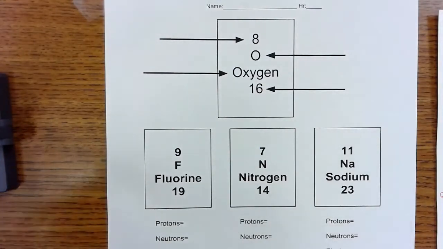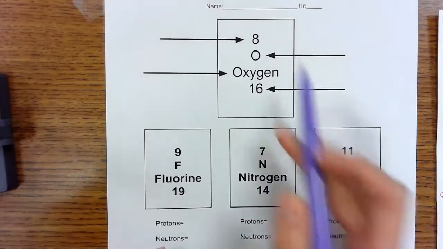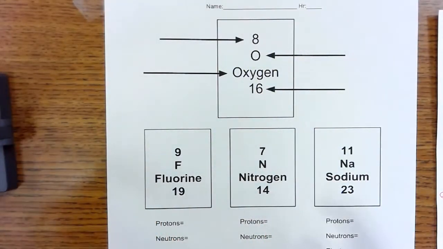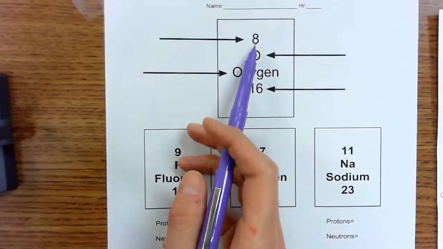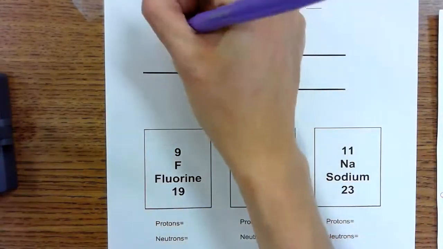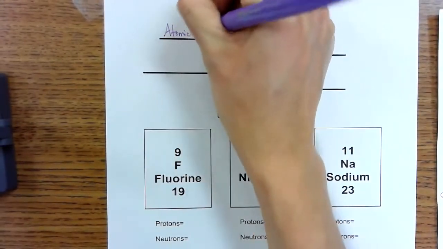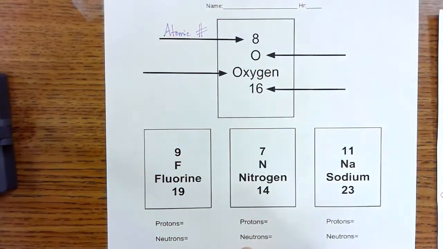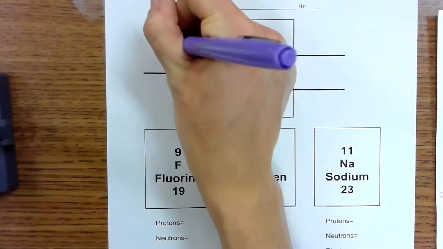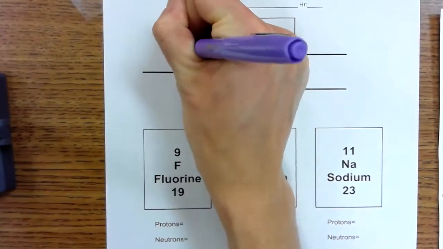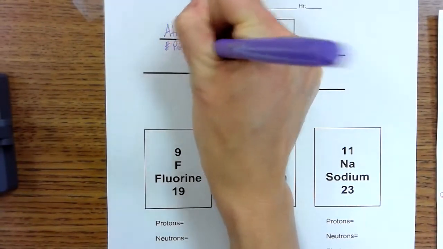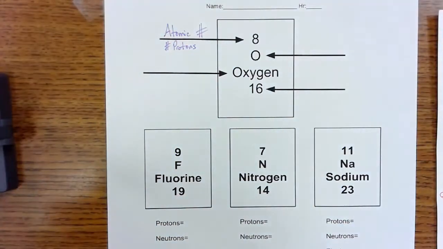So the first half here, I'm going to review what is in the key box on the periodic table. So this first number right here, that 8, represents the atomic number. And the atomic number is the number of protons found in the atom of that element.